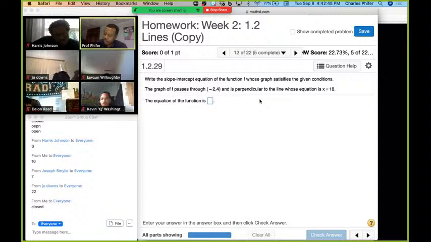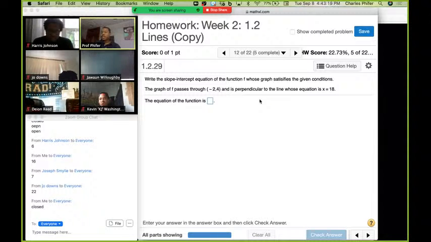This is question number 12. Let's clean it up some. It comes from section 1.2, question 29. Find the equation of the line through the point negative 2, 4, but perpendicular to the line whose equation is x equals 18.